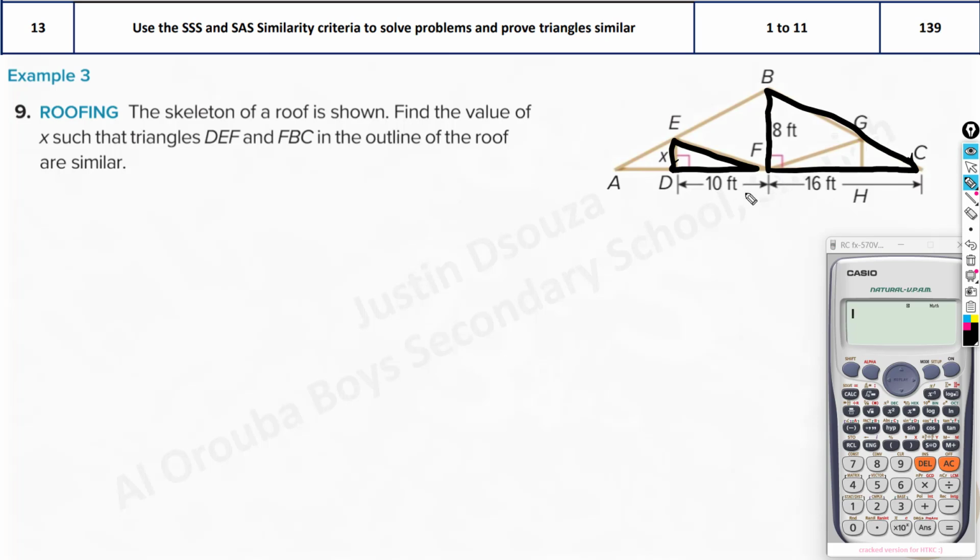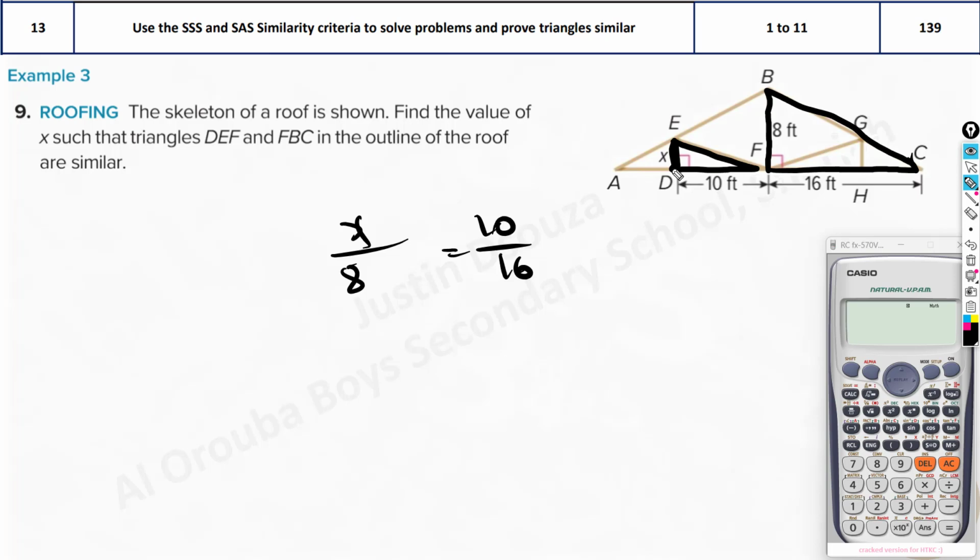If this is similar, it's direct proportionality, isn't it? Now you can choose any. I'll choose the small triangle first. X divided by, this is proportional to this side, equals 10 divided by 16. Remember which side you choose. I chose this side first, divided by this. Then again this triangle divided by the corresponding side of the other triangle.